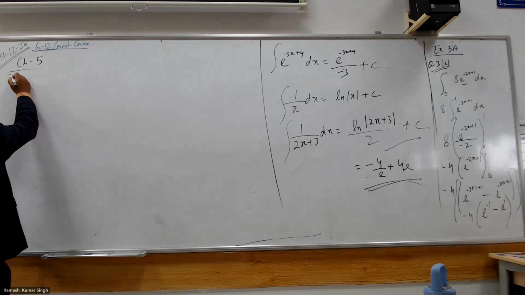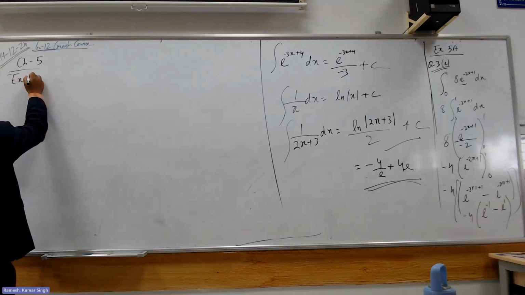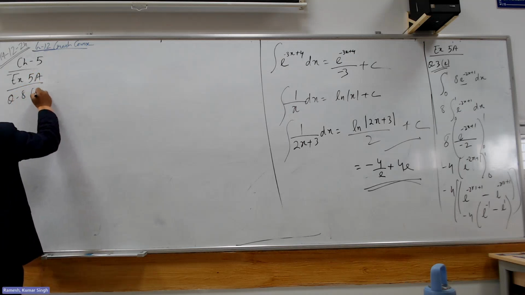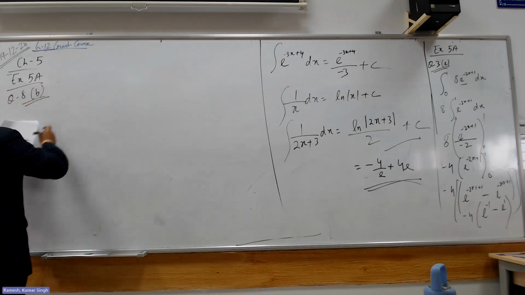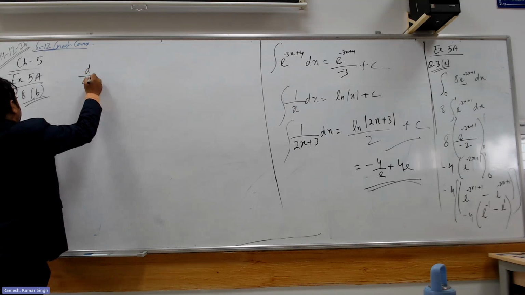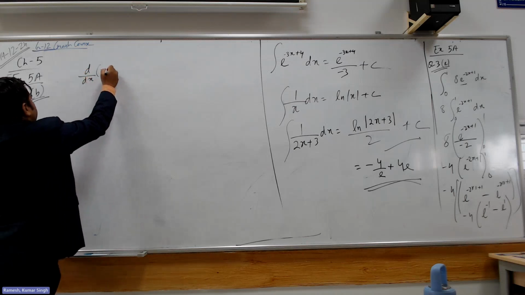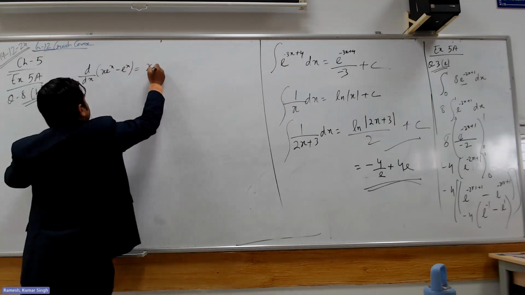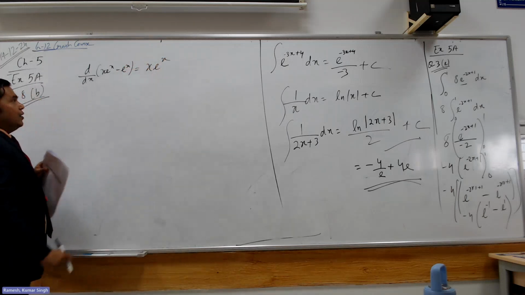All right. This is exercise 5A, question number 8B. So we have already proved that d over dx of x minus 1 times e to the power x is xex, right?